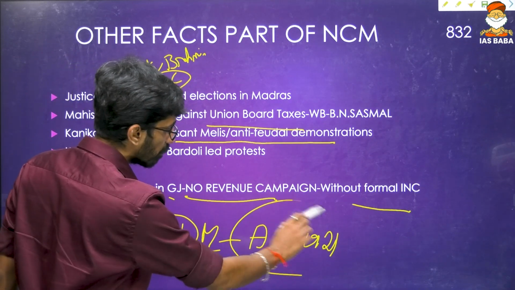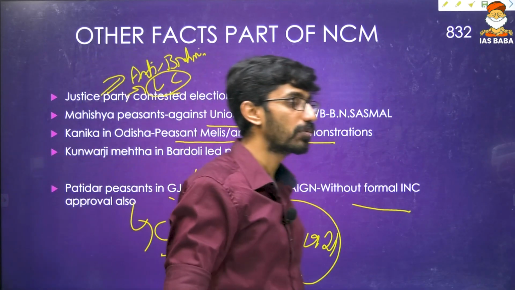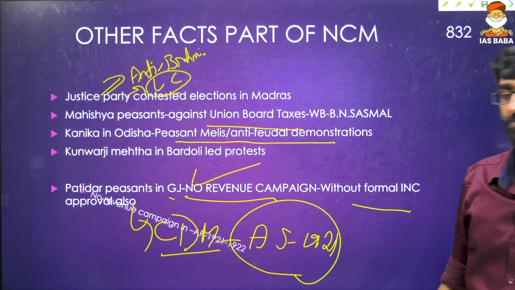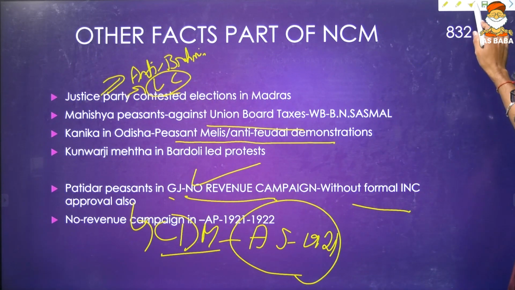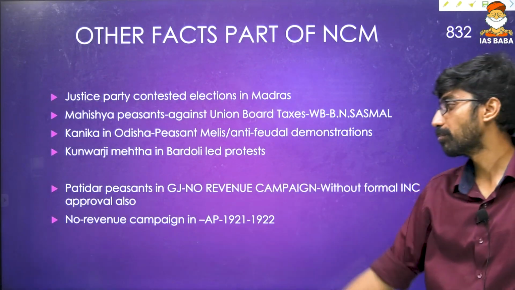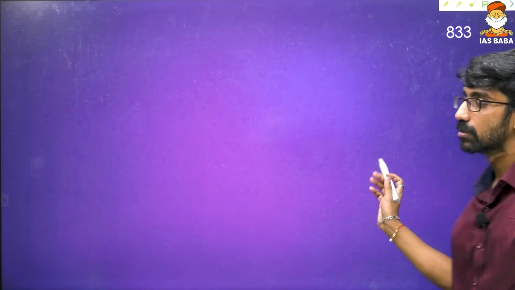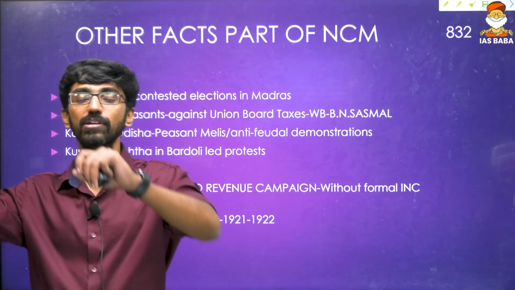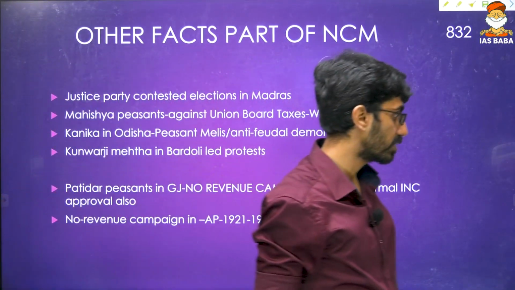But even before the approval was given, they had already started. There was also a no-revenue campaign in Andhra Pradesh. Okay, so this is about the non-cooperation movement, home rule movement, Swadeshi movement, every movement we have seen.